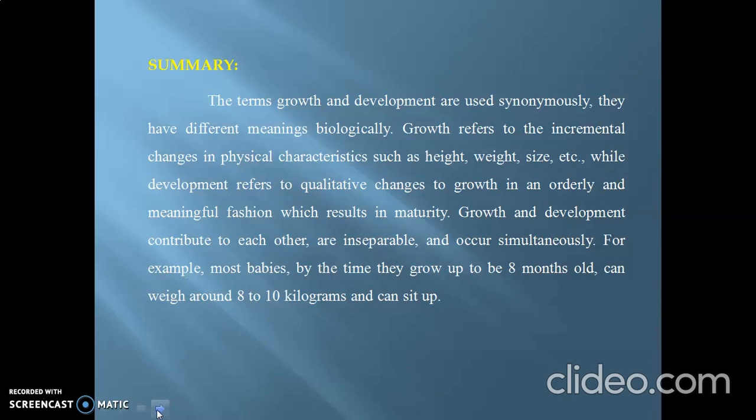Growth and development contribute to each other, are inseparable, and occur simultaneously. For example, most babies by the time they grow up to be 8 months old can weigh around 8 to 10 kilograms and can sit up.